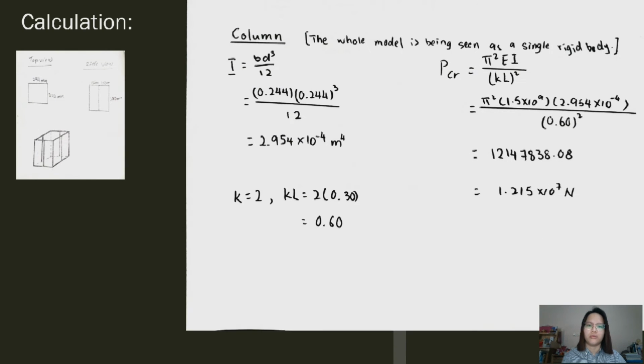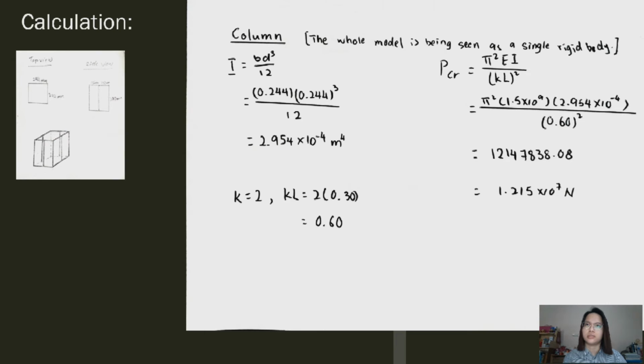Next, we will be calculating the column. The whole model is being seen as a single rigid body. So firstly, moment of inertia, which is I, can be calculated using the formula b d cubed divided by 12, where b is the length of the base of the top view of the model, and d is the length of the height of the top view of the model.